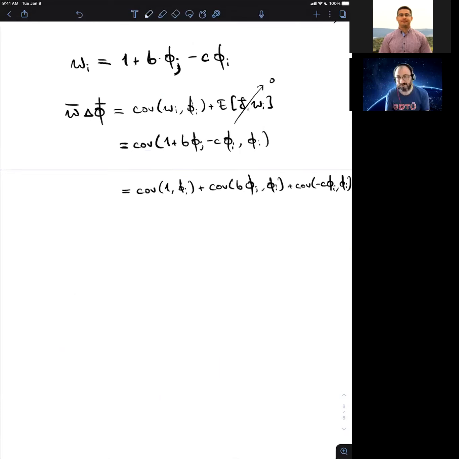And of course, this one is a constant itself. By definition, a constant does not covary with anything, and therefore that covariance is 0.